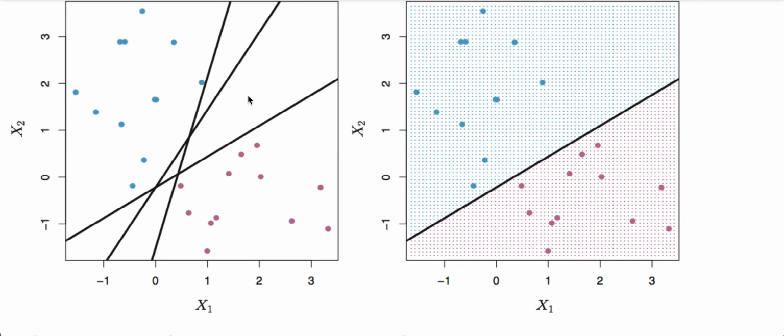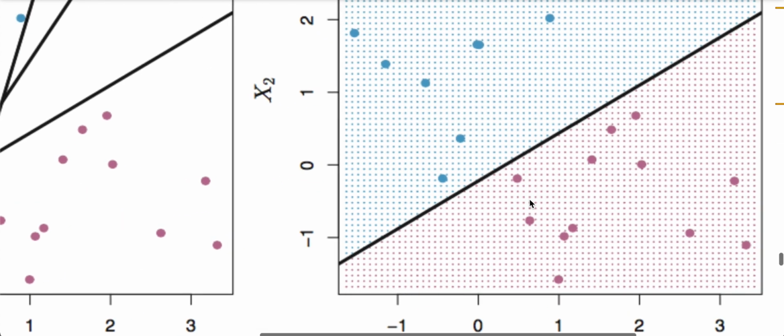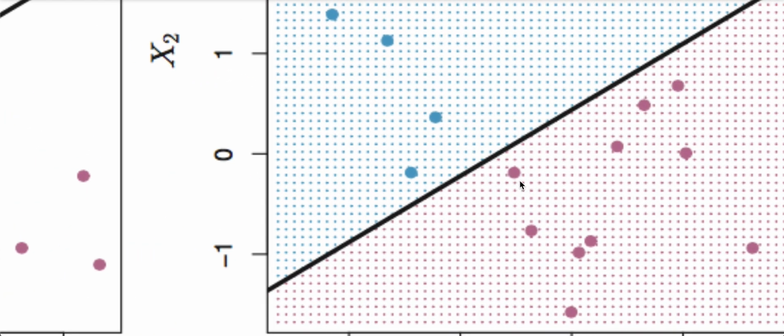If we consider, for example, this other hyperplane, then the closest point, I guess, is this one. So this perpendicular distance is the minimal distance from observations to the hyperplane.